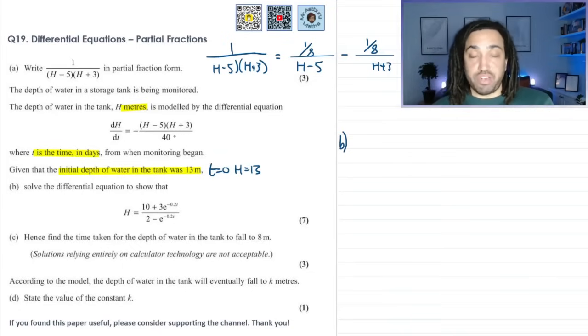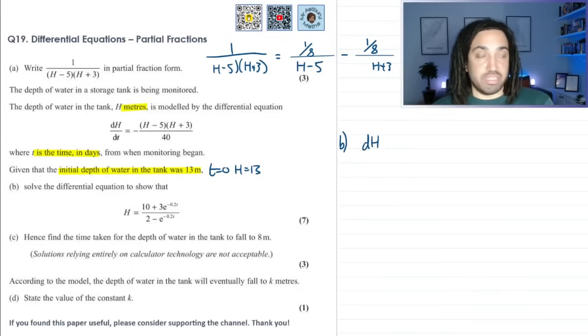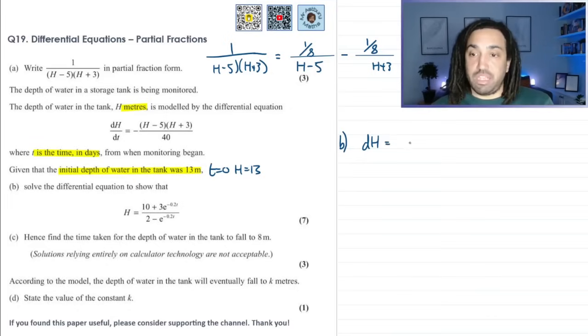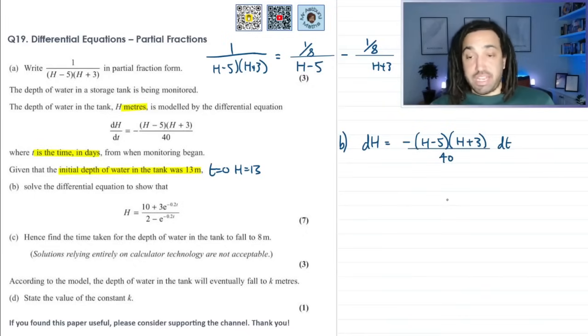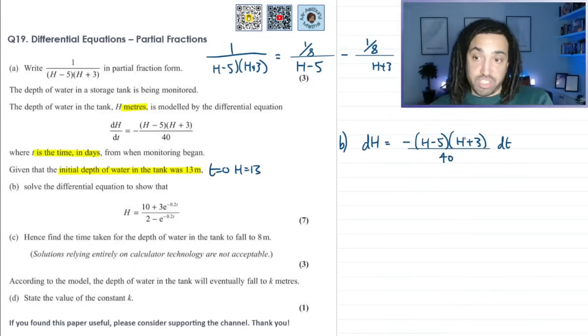So we need to separate the variables. So the first step I'd always do is multiply by the dt, the bit that's down the bottom here. This gives me minus h minus 5 h plus 3 all over 40 dt. And then I'm going to want to move these two linear factors.